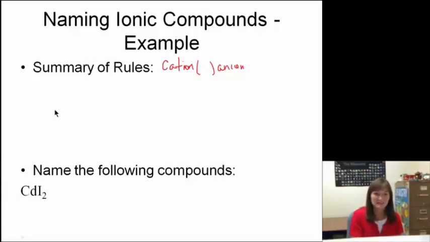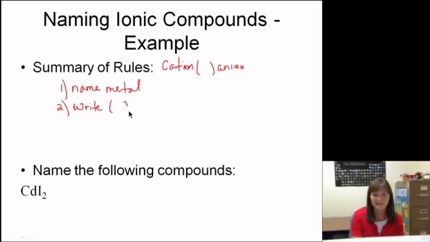Step 1, name the metal. Because remember, when it's the cation, the name doesn't change. You spell it just like it is from the periodic table. So name the metal. And then step 2, while you're looking at your periodic table, ask yourself if you need parentheses. So write parentheses if needed.